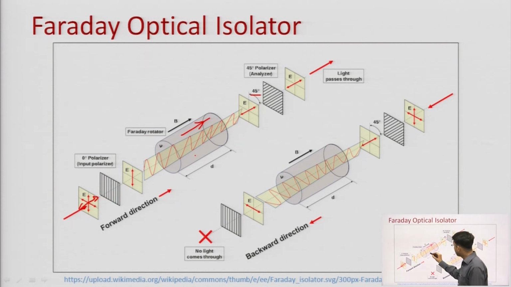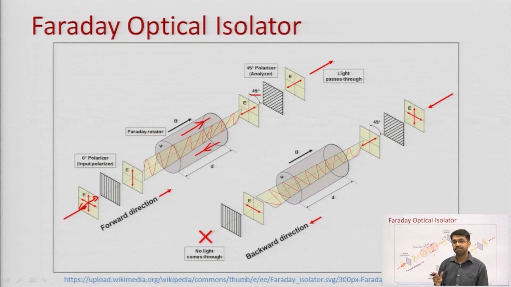If the light ray travels in the opposite direction, then also the plane of polarization will rotate by the same angle and towards the same direction. It will not be like, if light is traveling in this direction, then the rotation will be in the opposite direction. No, it will again be in the same direction.